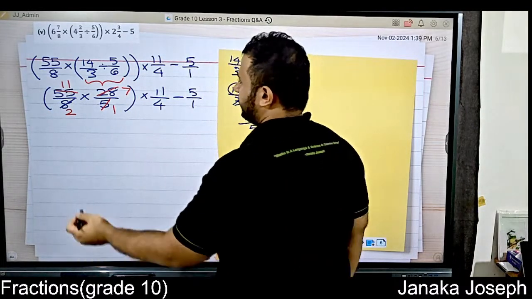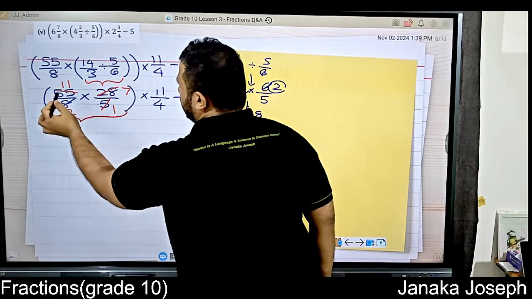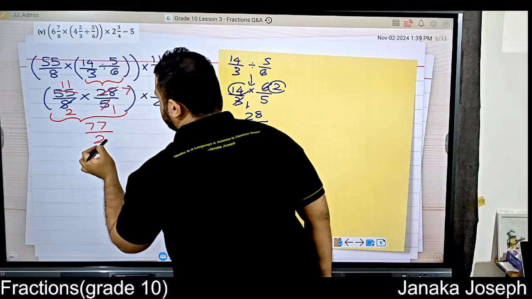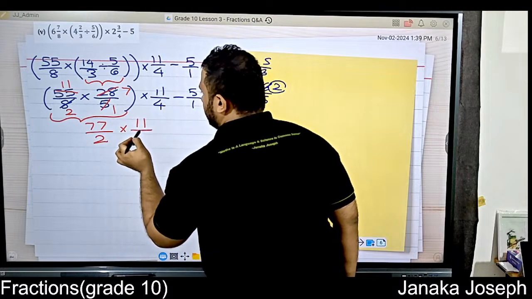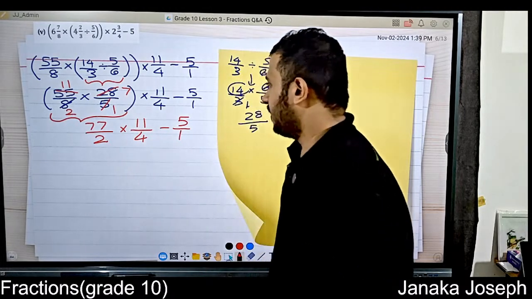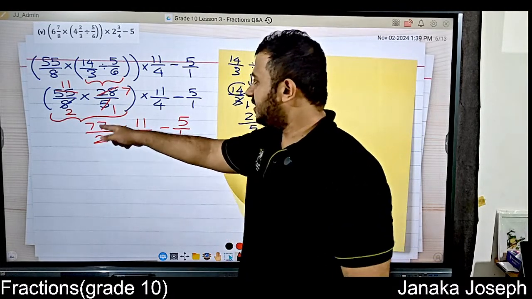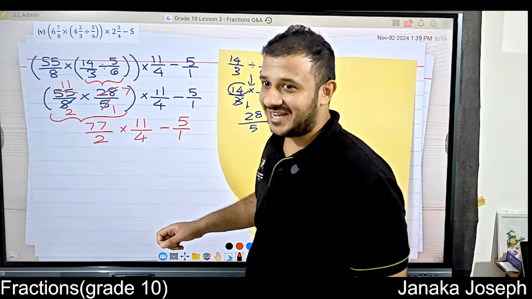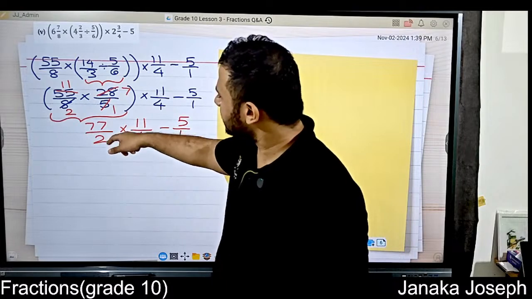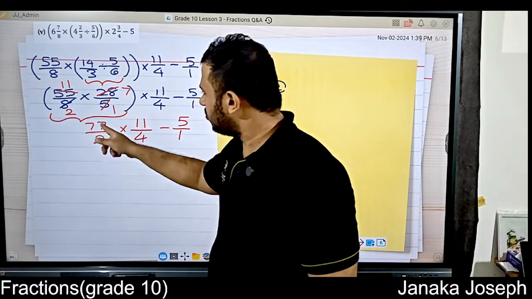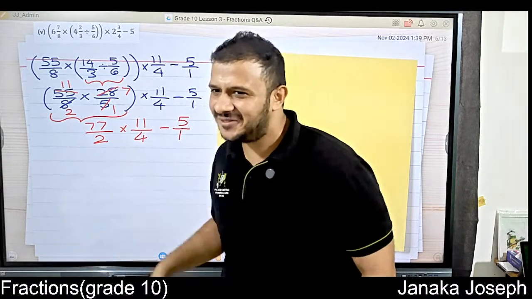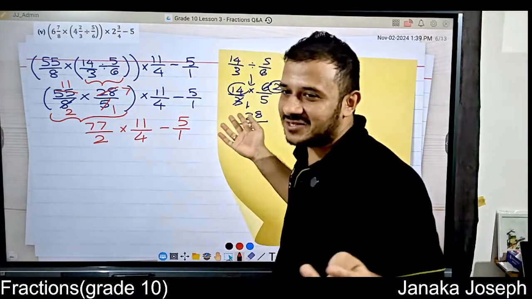That's done. Now we can rewrite this question nicely. 11 times 7, 77. 2 times 1, that's 2, times 11 over 4 minus 5 out of 1. Now, can I simplify these two? Because multiplication should get done first, right, as Uncle BODMAS says. Can I simplify these? No. I wish these two were up and down, then I could have done the simplification, but that's not what it is.